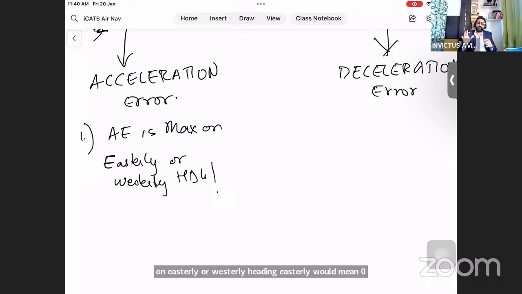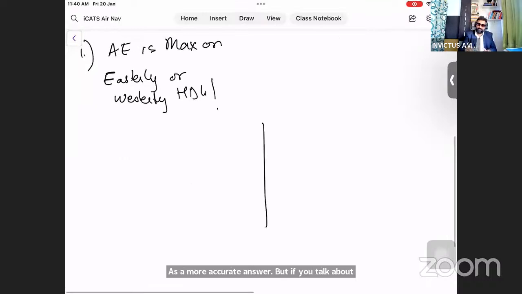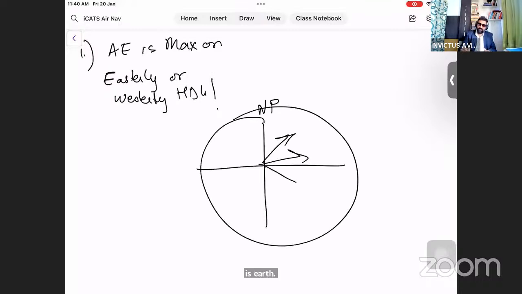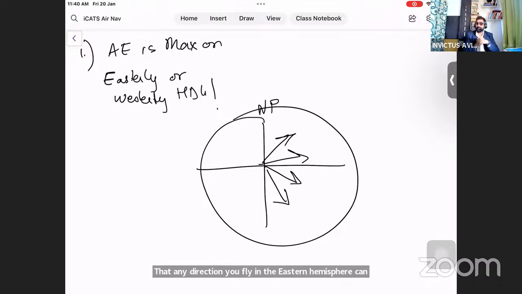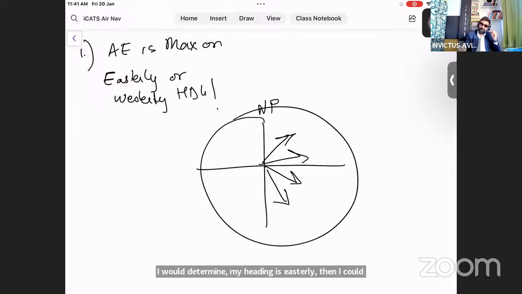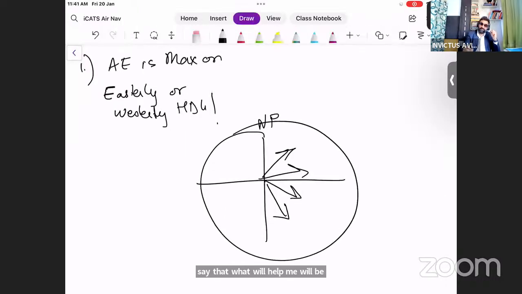But if you talk about easterly, let's say this is your North Pole and this is Earth, any direction you fly in the eastern hemisphere can be considered as your easterly heading. So generally, to determine the sectors within which my heading is easterly, what will help me are my cardinal points and my quadrantal points.